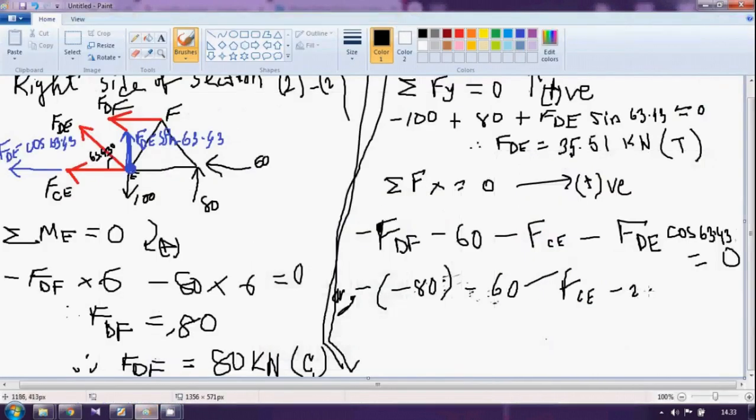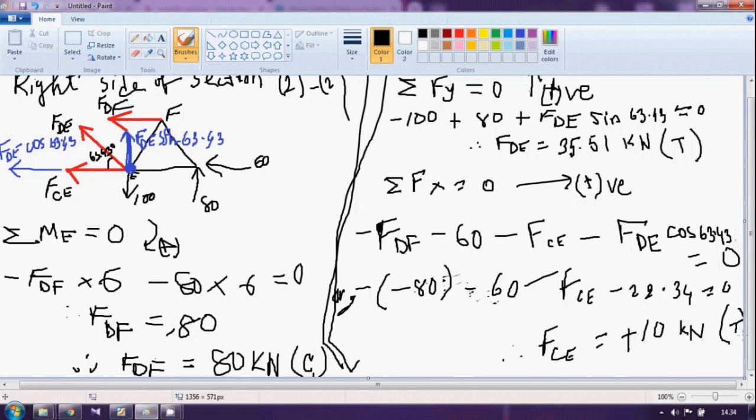So minus 29.34 equals to 0. If you calculate, you will see F_CE equals to plus 10, sorry. So F_CE equals 10 kilonewton, and it will be in tension.